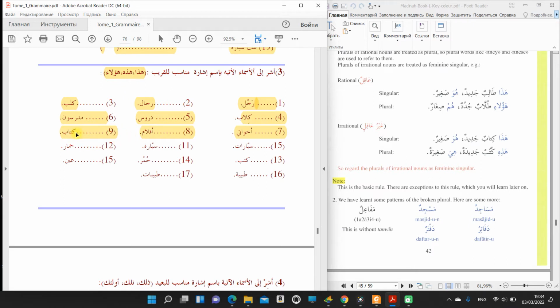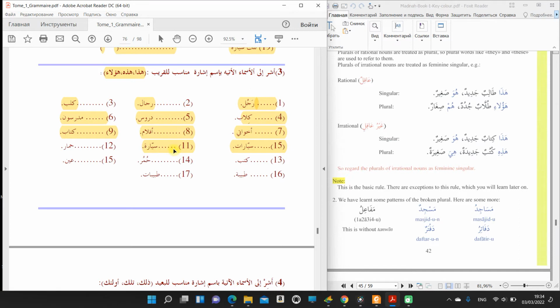كتاب, it means a book. هذا كتاب. سيارات, cars. It's plural, but it's irrational. It doesn't have intelligence. Therefore we say هذه سيارات. سيارة, a car.